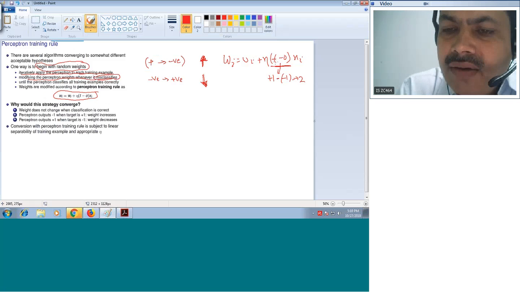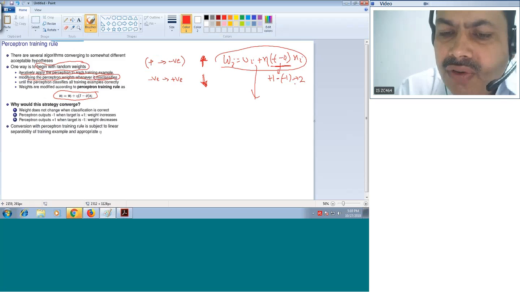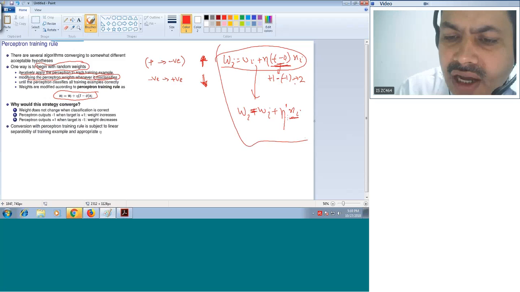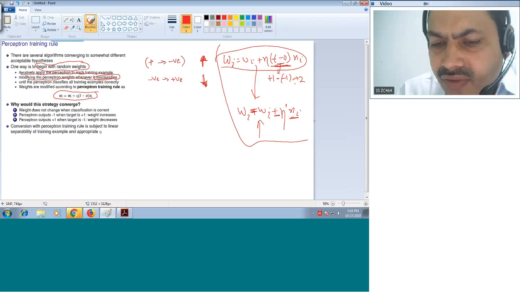If target minus output becomes 2, and you multiply with eta, a small constant I told you, this formula becomes Wi plus eta dash, that is 2 times eta, multiplied by xi. What is xi? Xi is the value of whatever x you have. So this is how you change the things, and if you are adding something, then the value is going to increase. Understood? This value is going to increase.